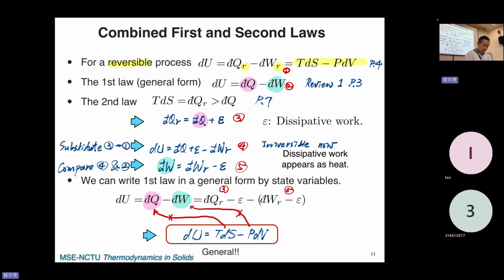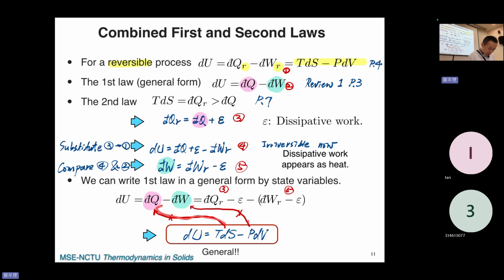We can only say that when they combine together, you can still have dU equals TdS minus PdV, because the minus epsilon and minus epsilon will cancel each other. So that's the reason why this one still works.